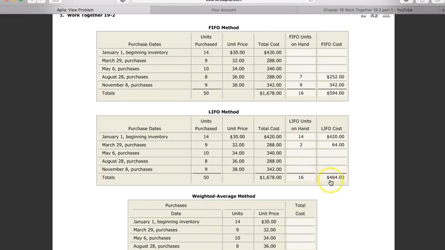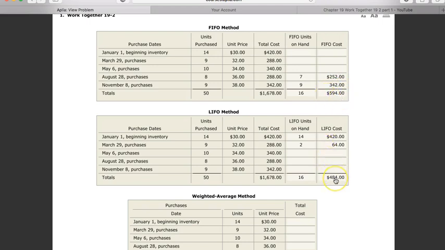You'll see this cost is much less than this. That's probably because prices were rising. As the year went on, prices rose. You can see they started at $30 a unit price, and by the end of the year they were up to $38. So with first in, first out, we are left with a higher amount.